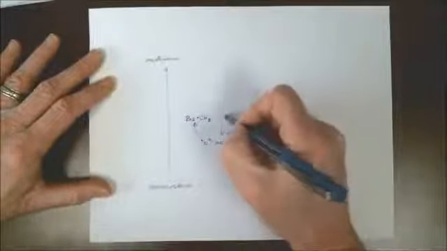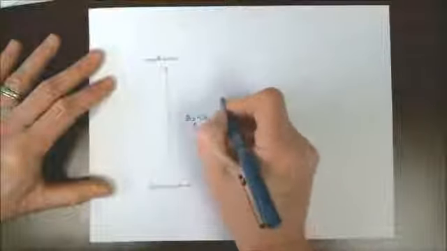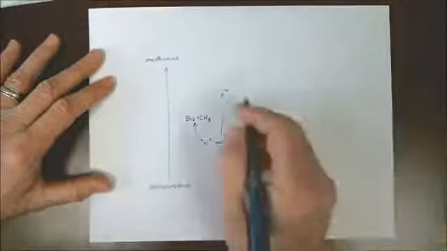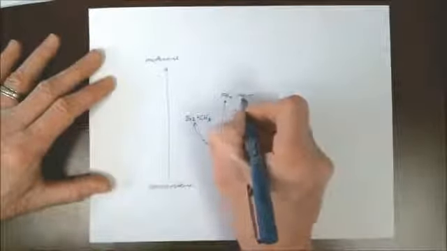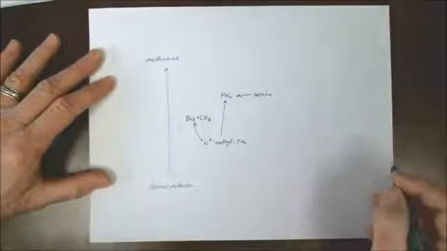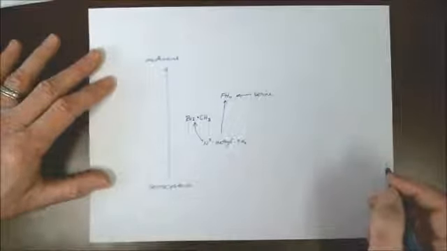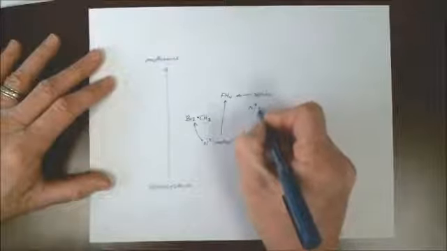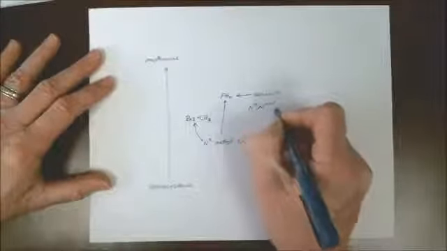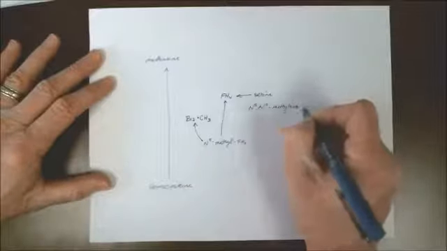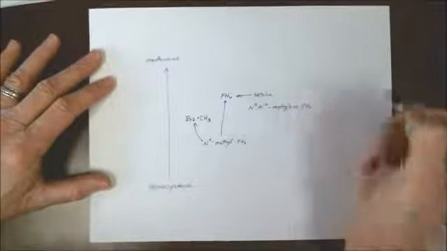In doing this, what we have generated is tetrahydrofolate, which can now undergo additional rounds of serine addition of that donor carbon and form the N5,N10 methylene tetrahydrofolate.